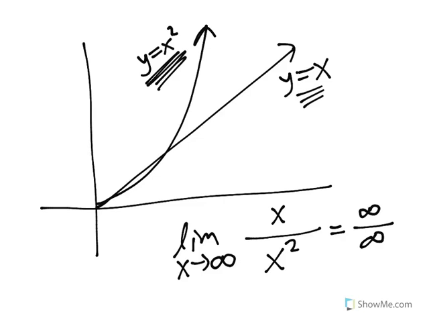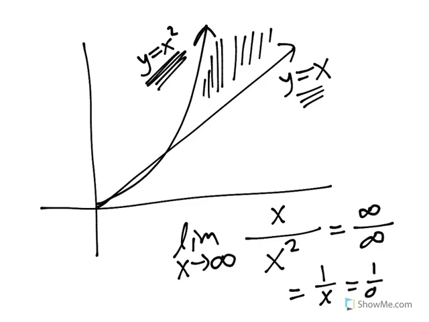Another way to think about that is as x gets bigger and bigger, the space between the two functions gets massively tall. You can also cancel an x on top and bottom, which is the same as 1 over x, so you should end up with 1 over infinity, which is 0.